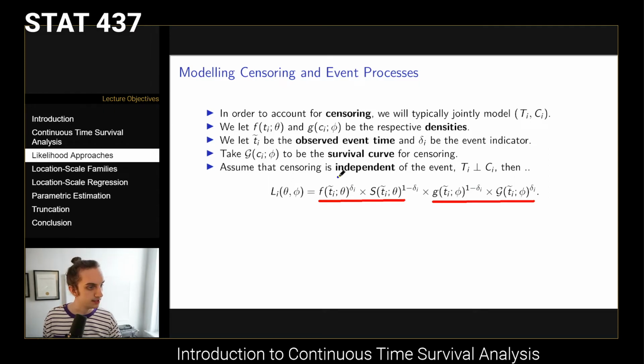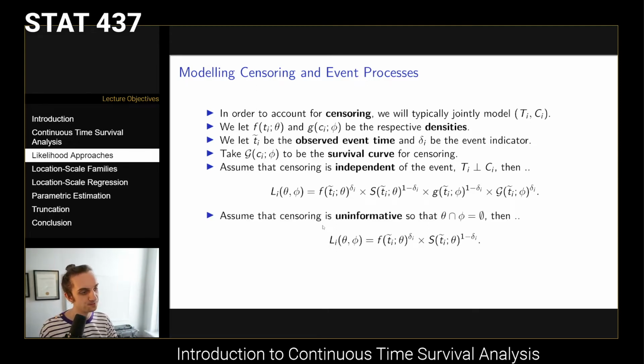You're either going to have the density of the event process alongside the survivor function of the censoring process, or you're going to have the survivor function for the event process alongside the density for the censoring process, sorry. Okay, and so hopefully that makes sense. You can think about that as the two different cases, right? Whether someone's censored or not, and then we just combine them, collapse them using that notation.